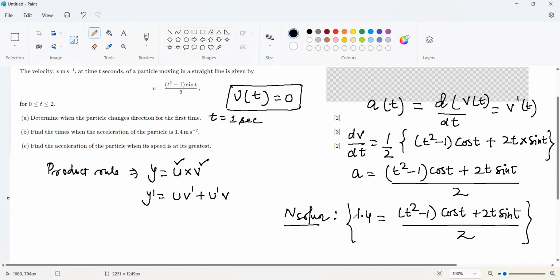Or you can sketch the acceleration function.